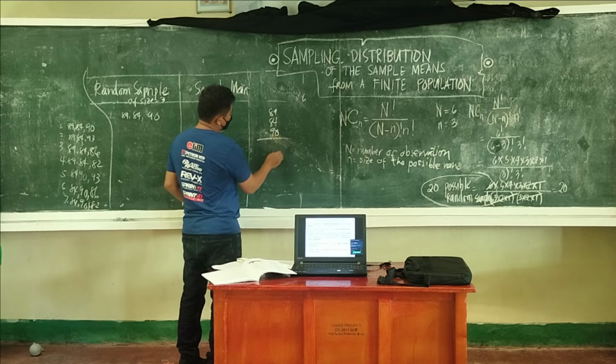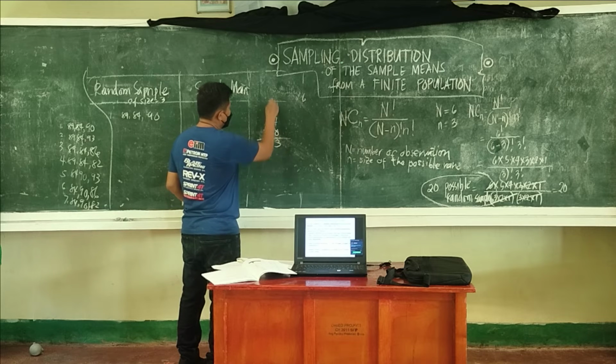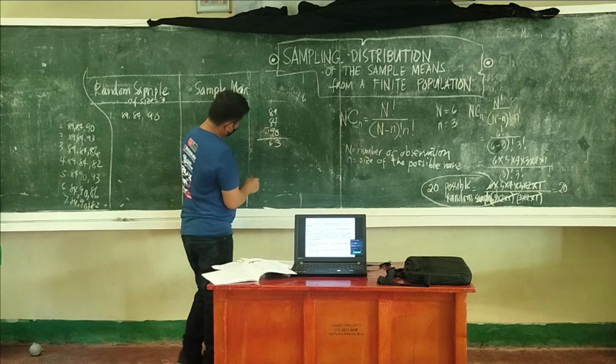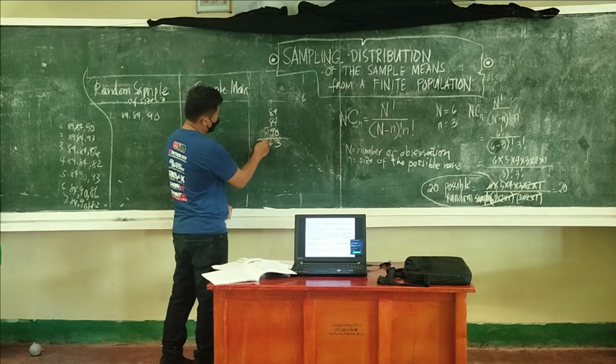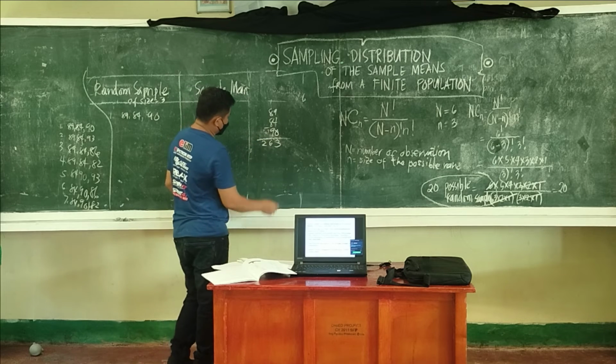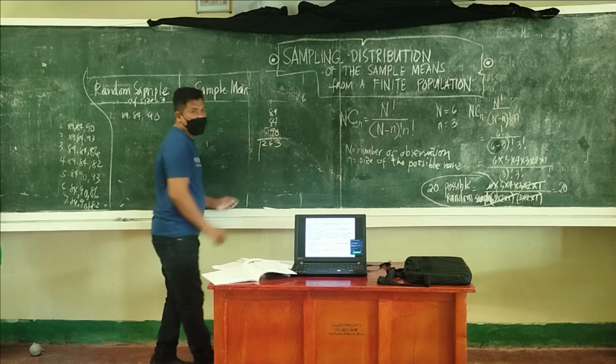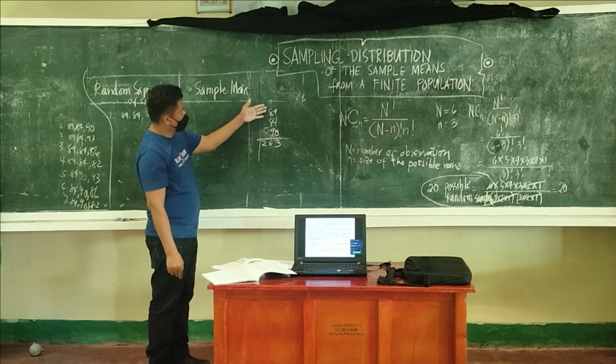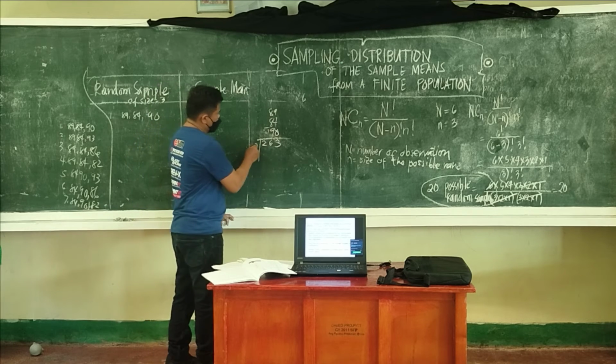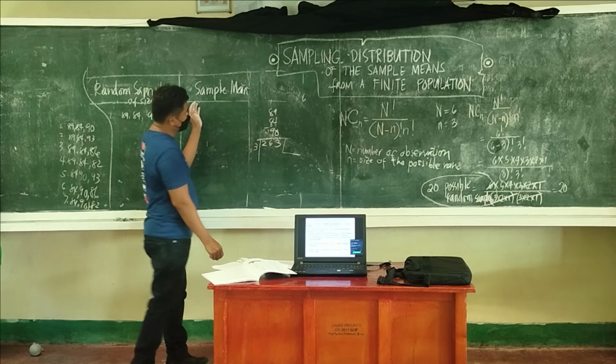That gives us 263. Then we divide it by the sample size, which is 3, to get the sample mean.